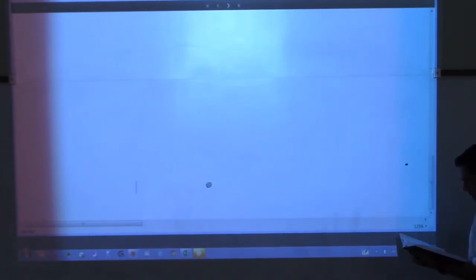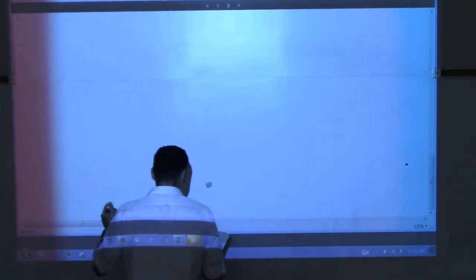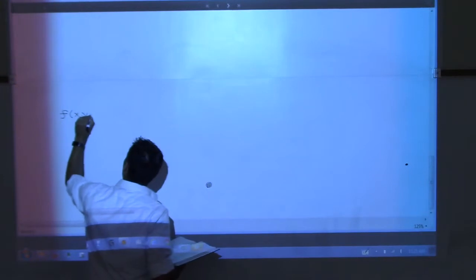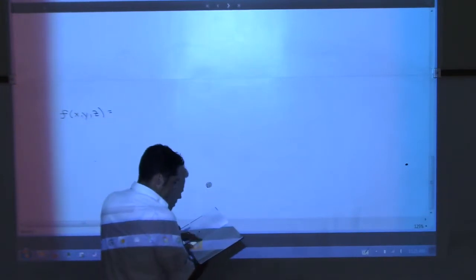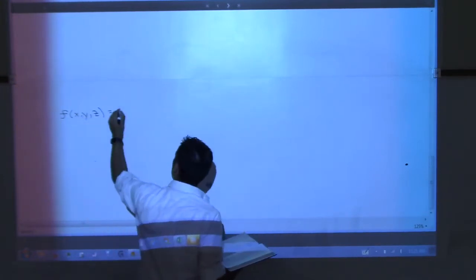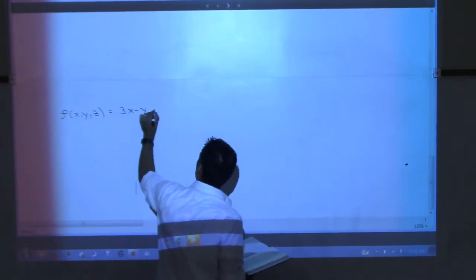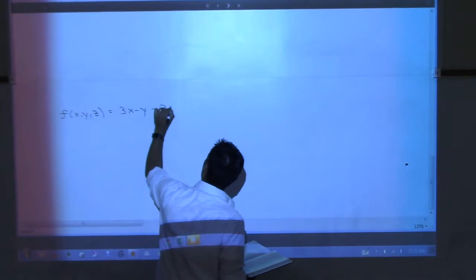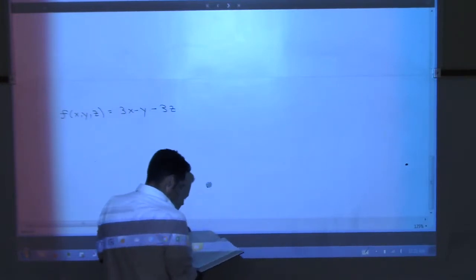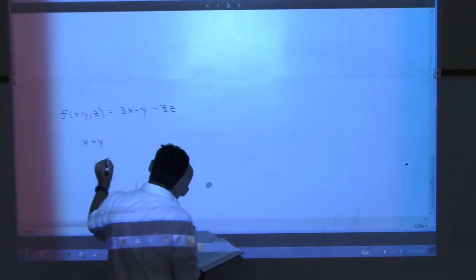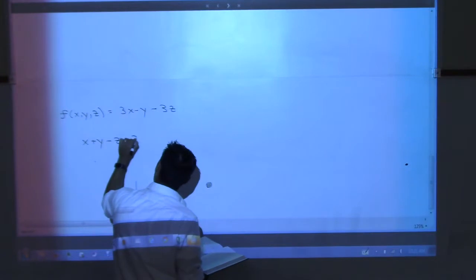You have a function f of x, y, z equals 3x minus y minus 3z. And then you have two constraints. You have x plus y minus z equals 0.